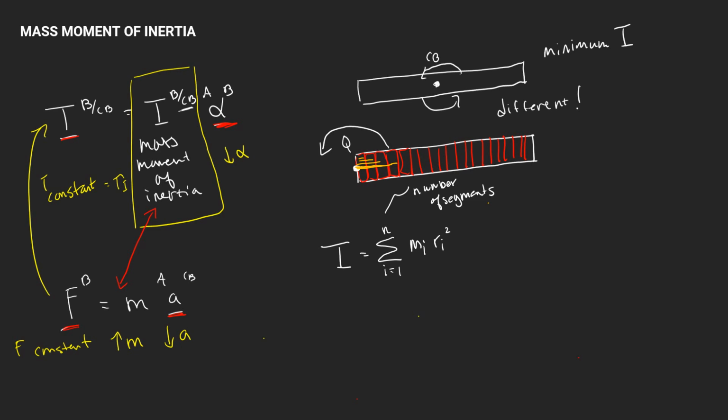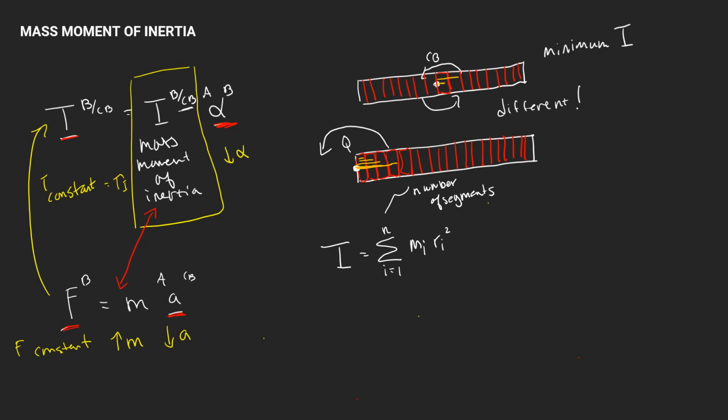Now let's look at the drawing above. Let's again assume we broke this down into individual segments. If we want to calculate the mass moment of inertia with respect to the center of mass, our r for, say, this unit here is as follows.